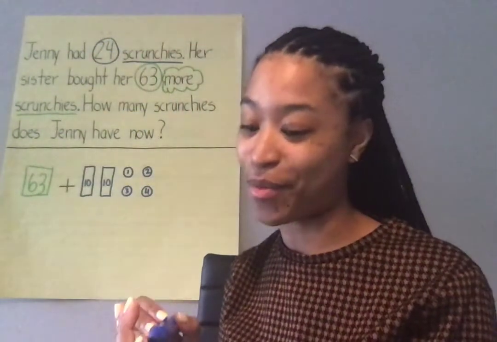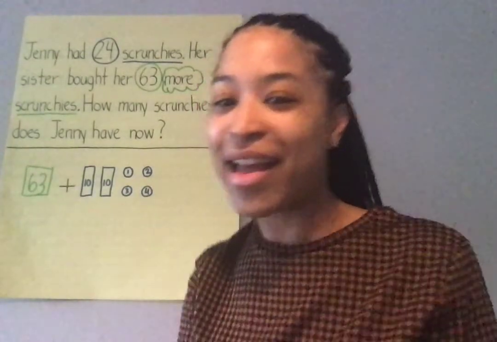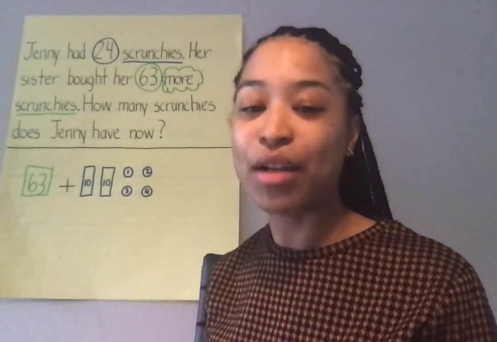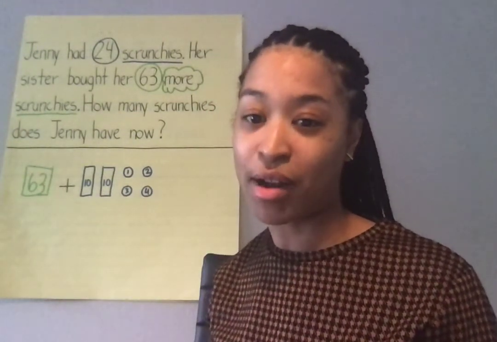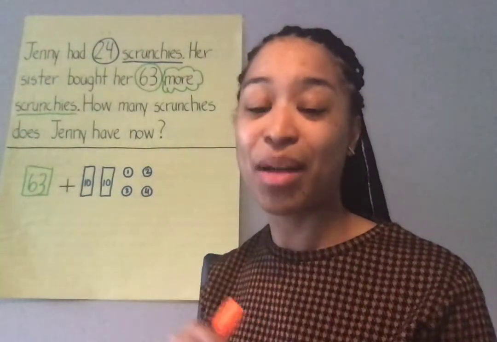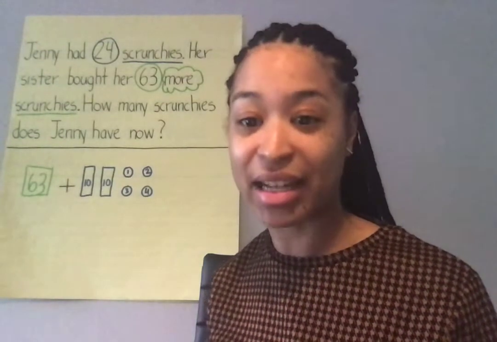Now's the fun part. We get to add them together. Here we go. When we're counting on, when we're adding, that means the number's getting bigger. And if the number's getting bigger by tens, that means we need to count on by tens.